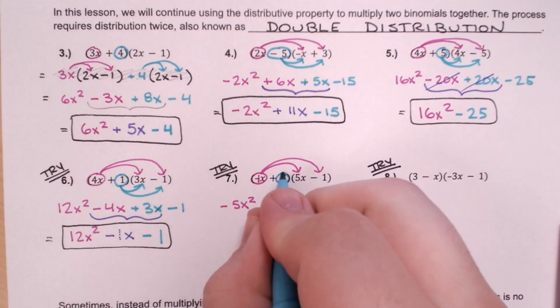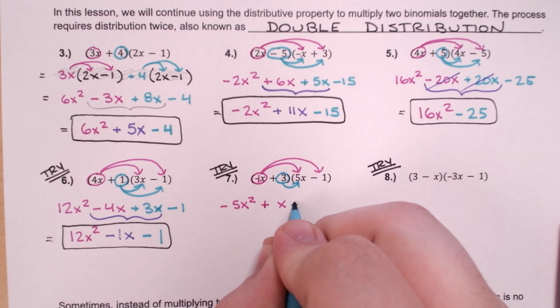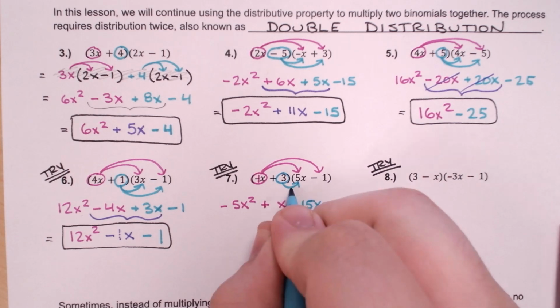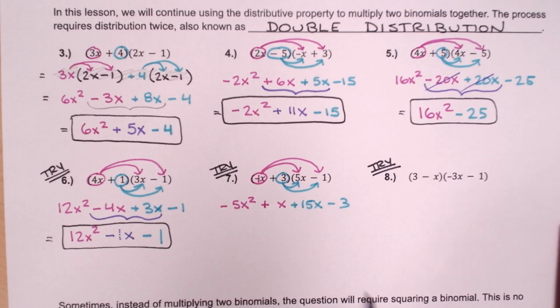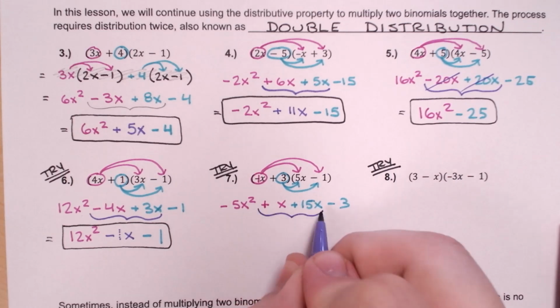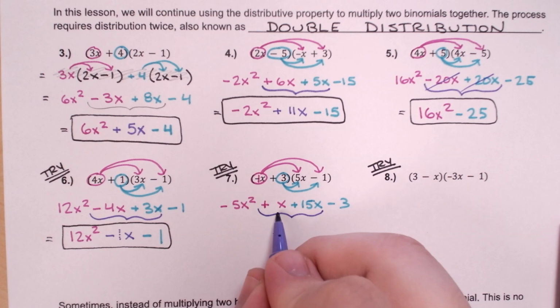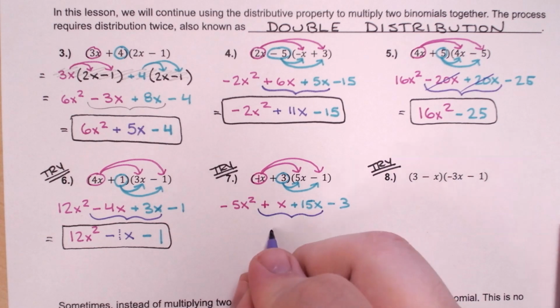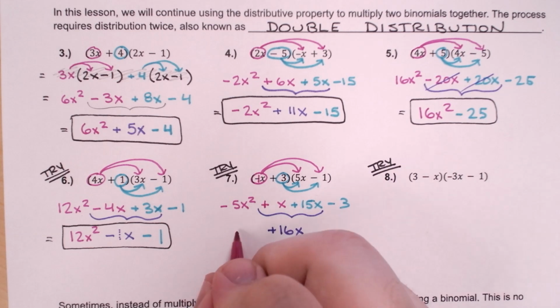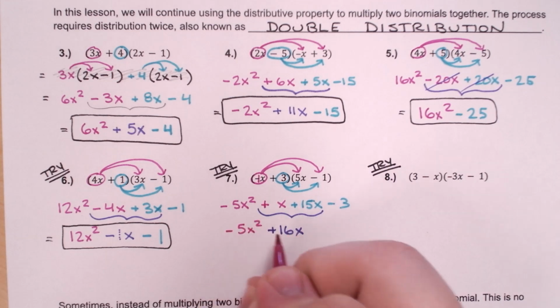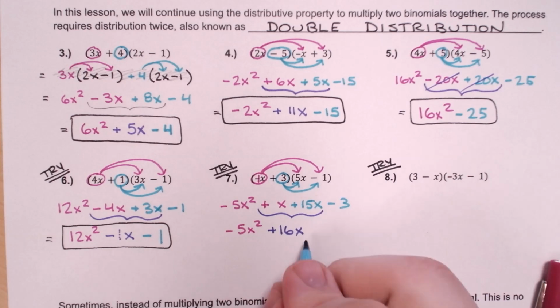Then distribute 3. 3 times 5x is 15x. 3 times negative 1 is negative 3. And then combine your like terms in the middle. Positive 1 and positive 15 add to positive 16x. And so I've got negative 5x squared plus 16x minus 3.